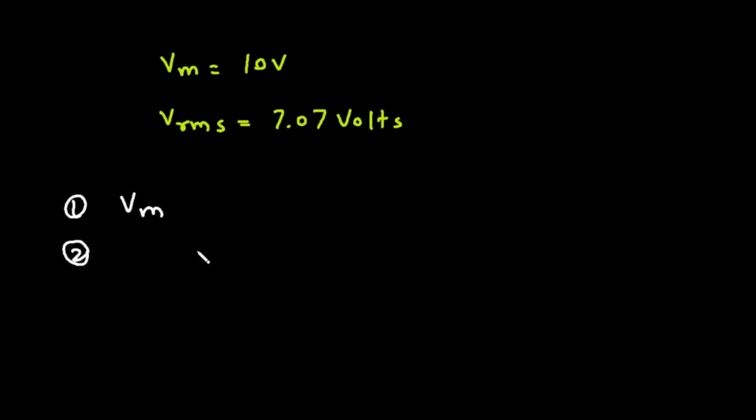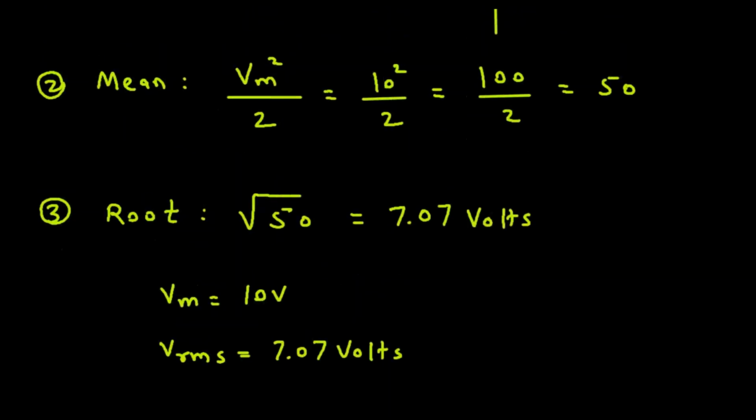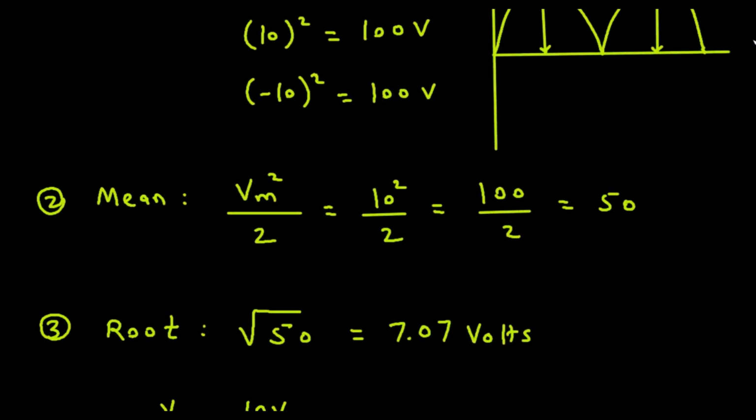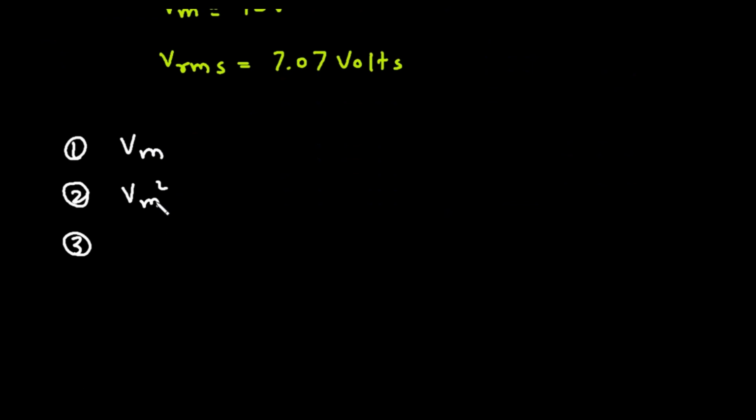So that means it will be Vm square. Then in step number 3, we have taken its mean. That means we have divided this by 2. So it will be Vm square divided by 2.